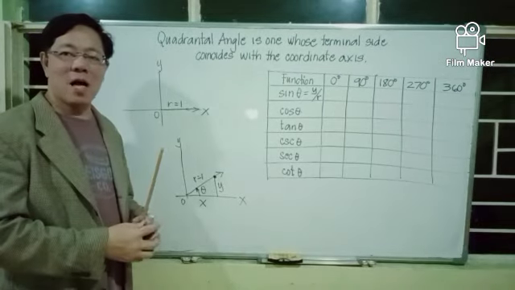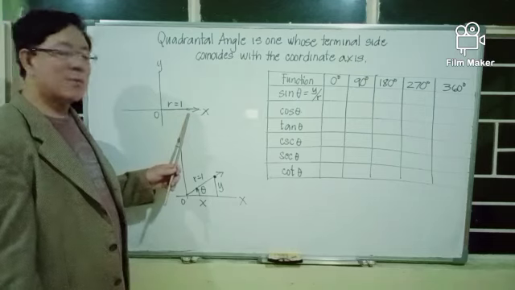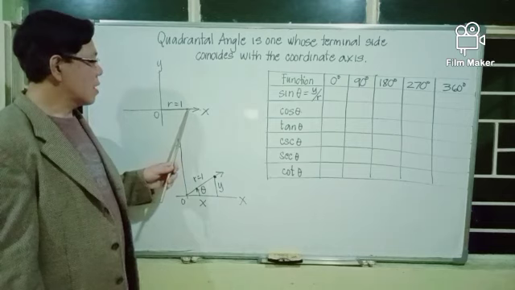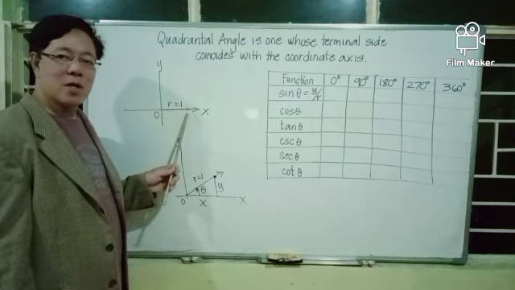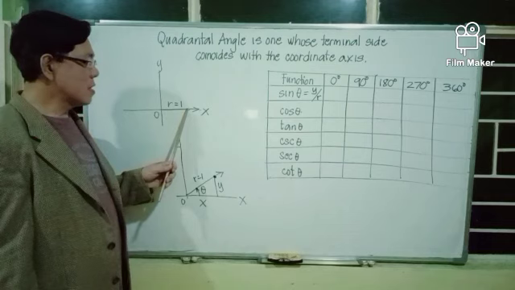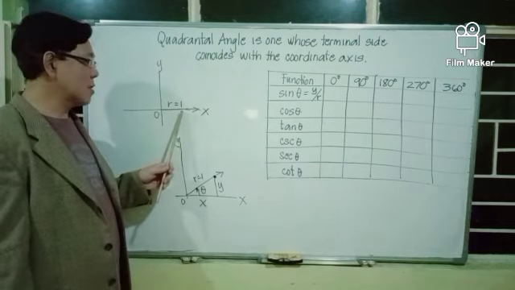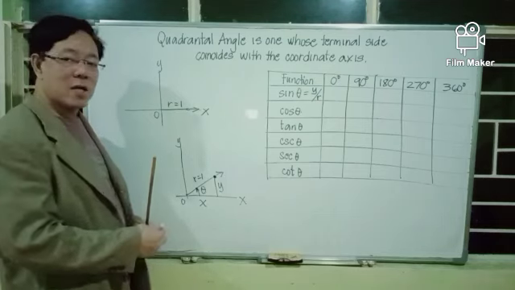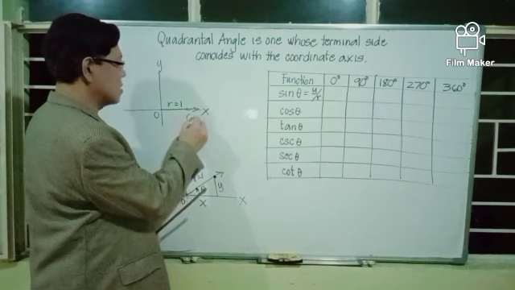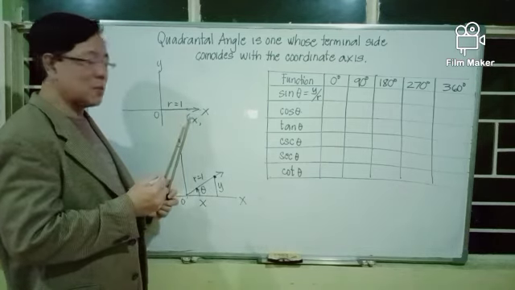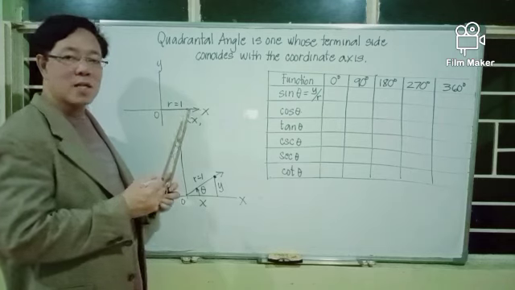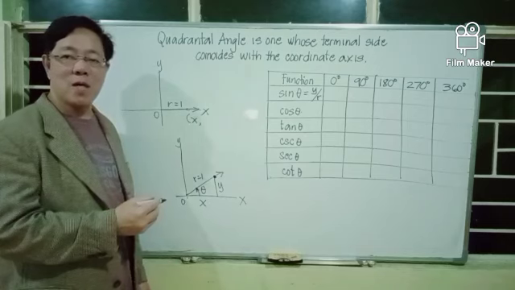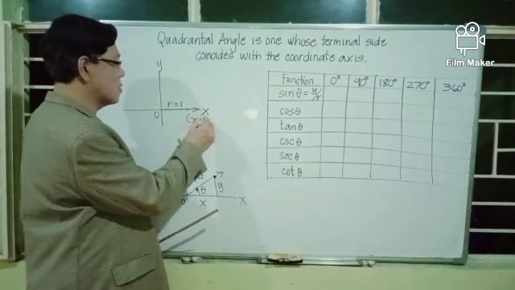For the quadrantal angle 0, with terminal side that coincides with the positive x-axis, the coordinates of this point on the terminal side are x, y. And because this point is on the x-axis, the value of y, or the ordinate of this point, is 0.